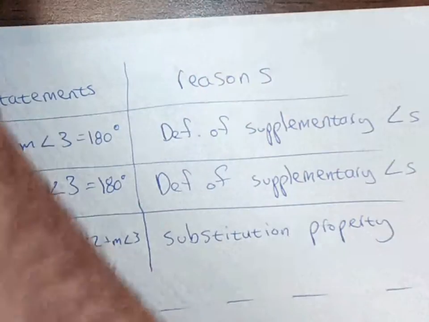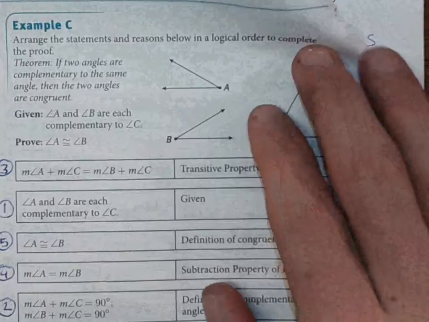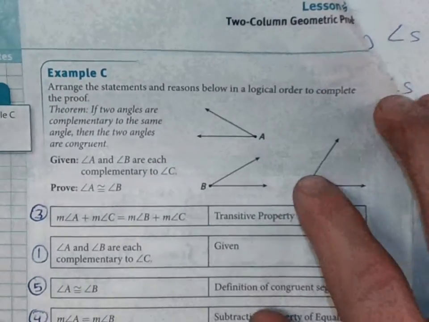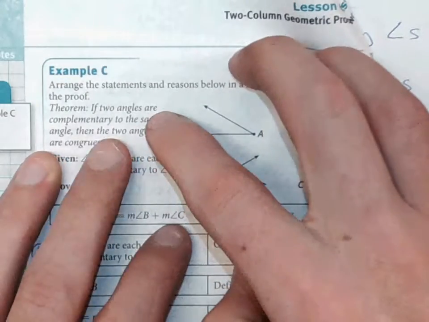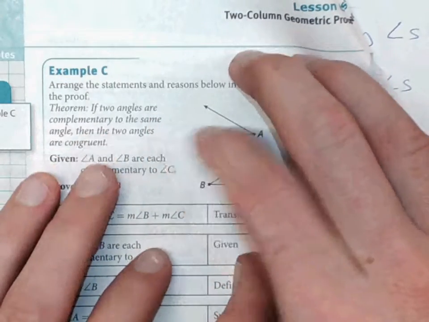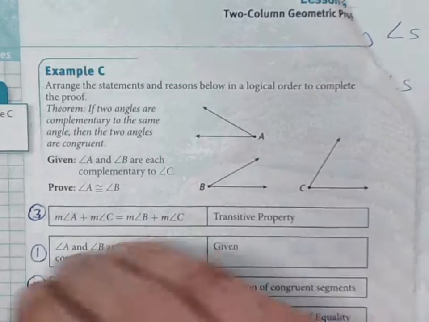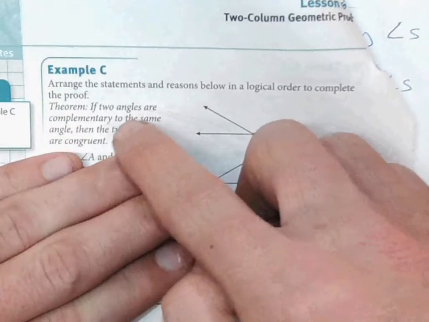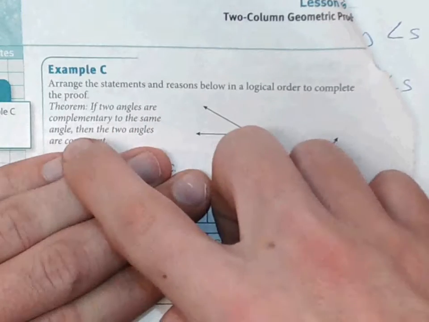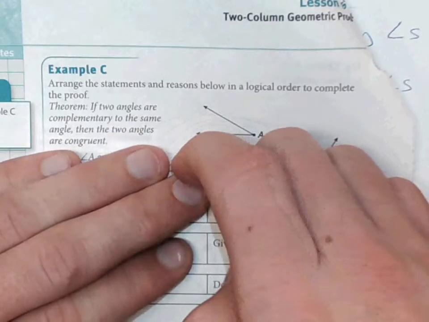I also want to point out the connection to conditional statements. So take this proof that we started class with. If two angles are complementary to the same angle, then the two angles are congruent. That is a conditional statement, with a hypothesis, if two angles are complementary to the same angle, and a conclusion, then the two angles are congruent.